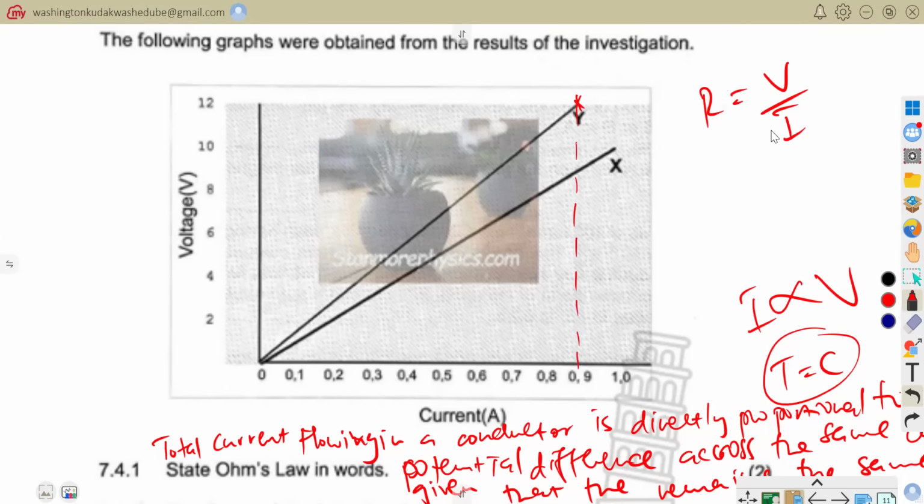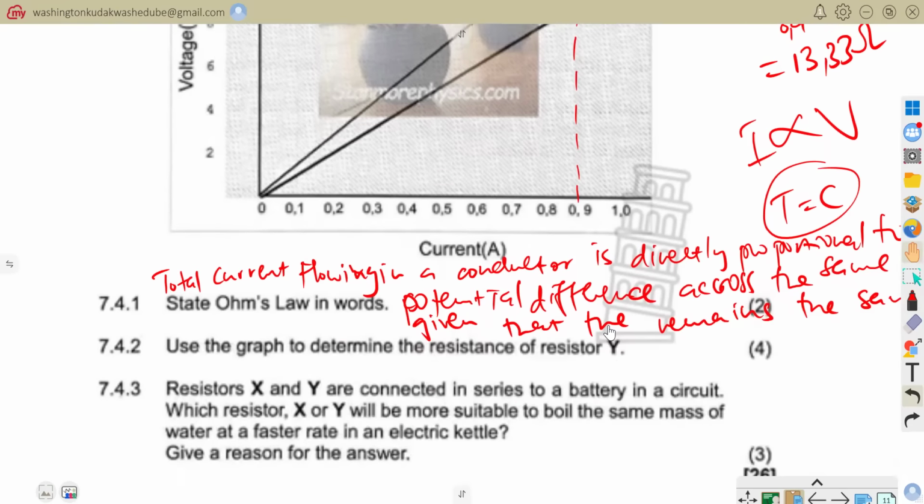So it is going to be equal to 12 minus 0 over 0.9 minus 0. That should give me 13.33 ohms. That is the resistance of Y. Now let's hear what the following question says.